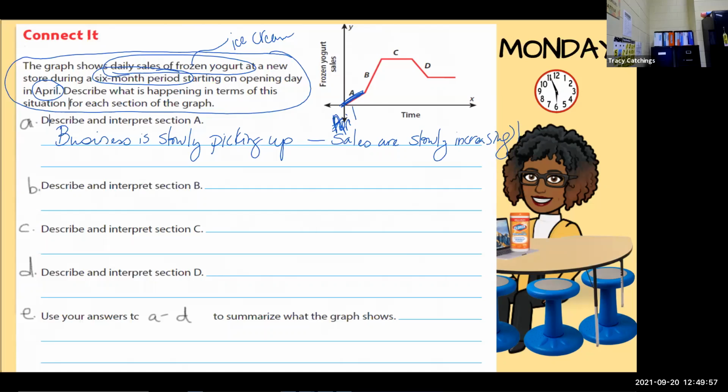All right, looking at B. What do you notice is going on in B? It increase. Increase. Now remember, it needs to be related to this scenario, so you can't just tell us increase. The business sales increasing dramatically.